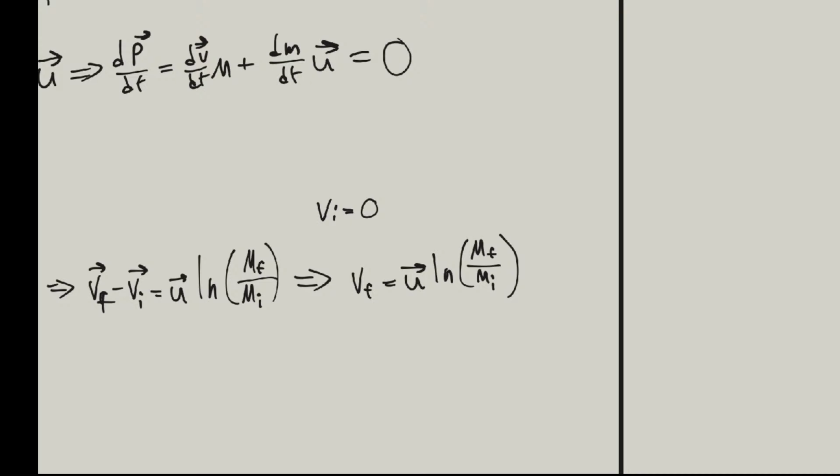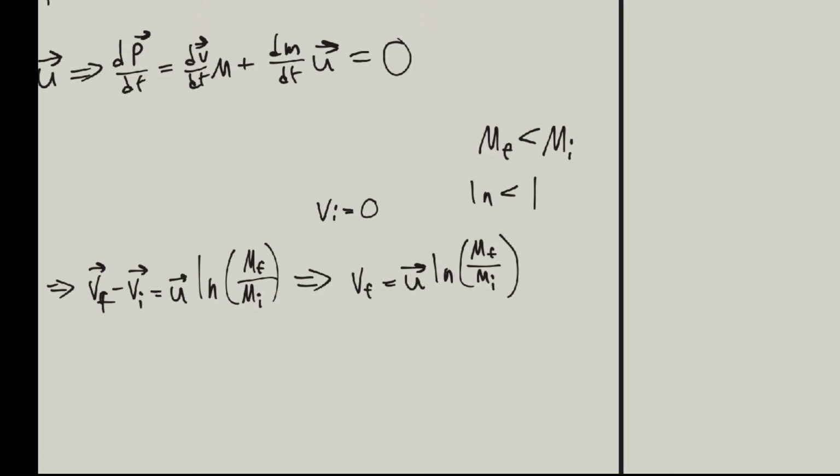And so let's think about this. The final mass, mf, as long as fuel is being ejected, is always going to be less than mi. So it's the log of something less than 1, but greater than 0, unless mf is truly 0.